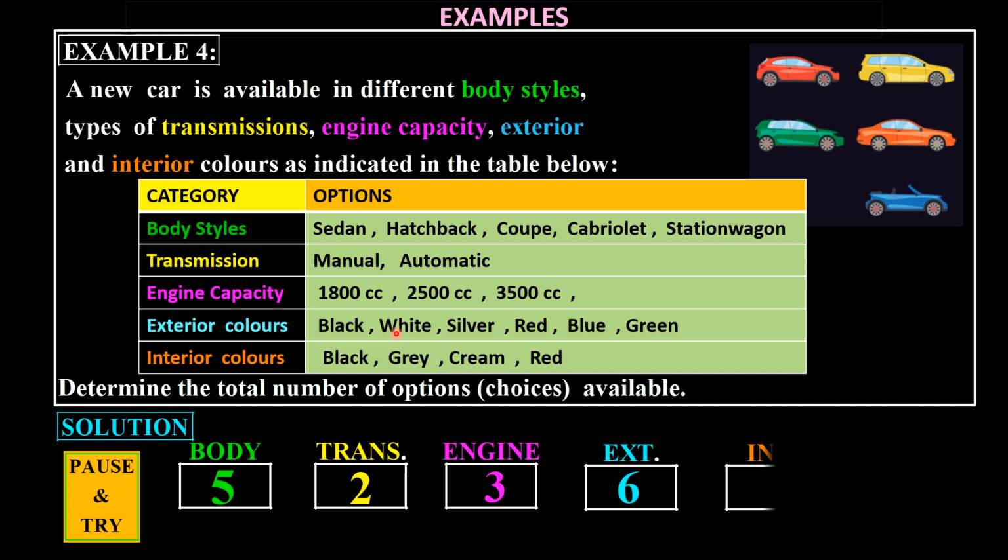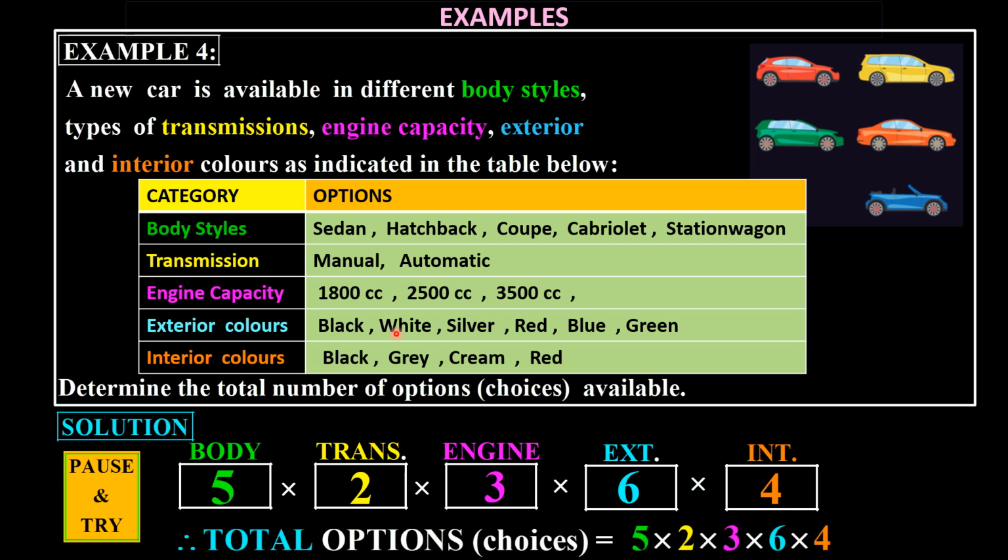These are independent events, so we can apply the product rule. You find the product of 5 times 2 times 3 times 6 times 4. Maybe you need a calculator, but it's also possible to do it without, and there we have a total of 720.